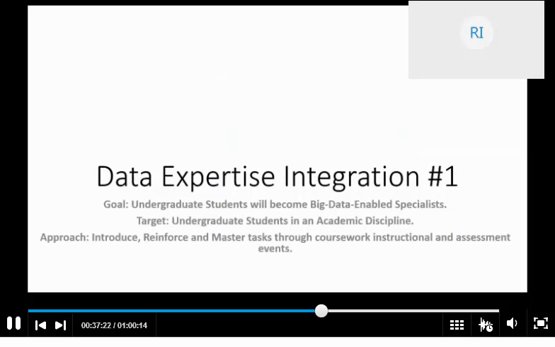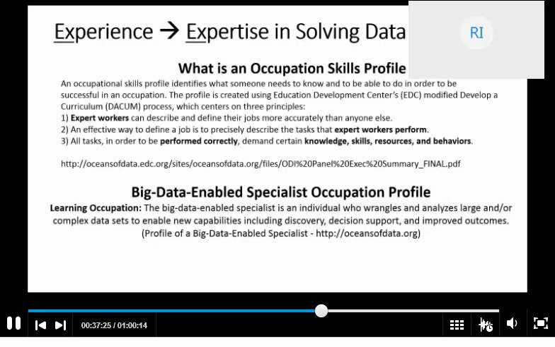So this particular approach of integrating the skill sets: we've identified that if we present computational science and data science to students in terms of the skills they will need for a job, and they can identify it in terms of their occupation profile, they will be more attracted to enroll in the program.